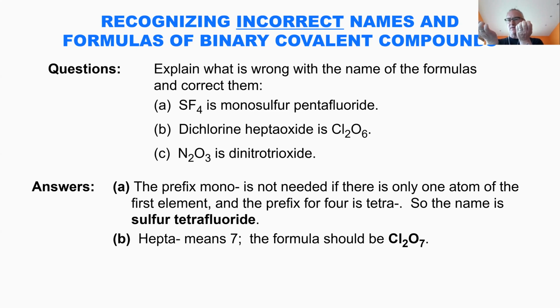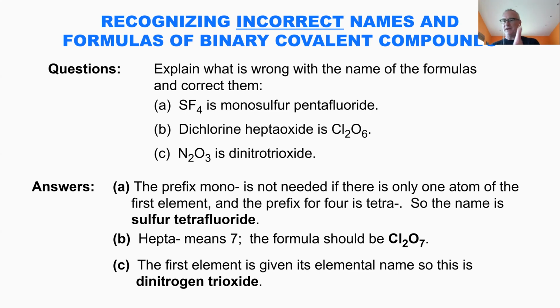Fluorine is further to the right and oxygen is to the left, so oxygen would come first and fluorine would come second. But when something's bigger, then we say it's more metallic. And then the last one, yeah, dinitrogen. It's not nitro, it's nitrogen. You have to say the name of the atom, trioxide.